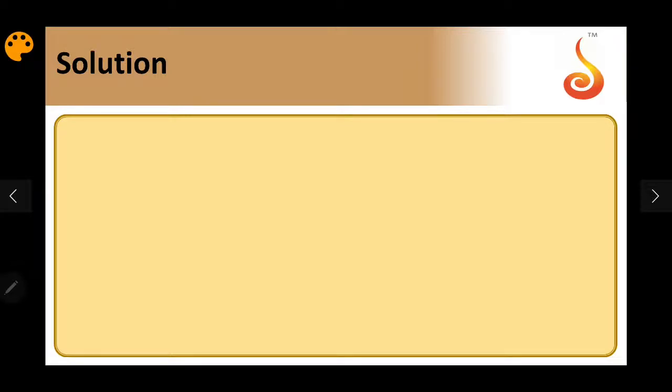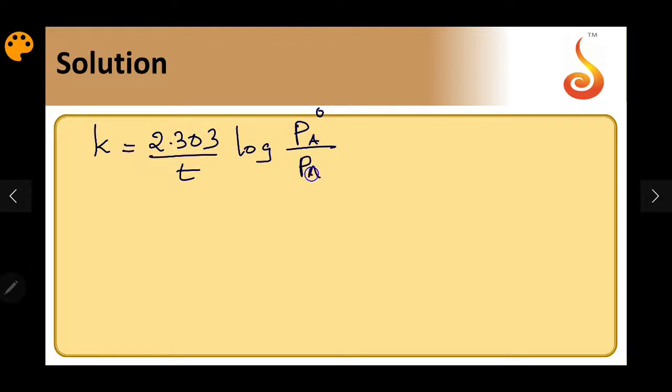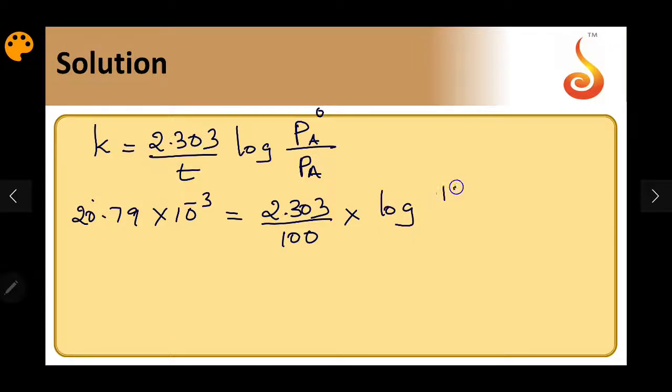So first order rate constant K is equal to 2.303 by T log P A naught by PA. So K is equal to 20.79 into 10 power minus 3 is equal to 2.303 by 100 into log of P naught, which is 12 atmosphere, by PA.